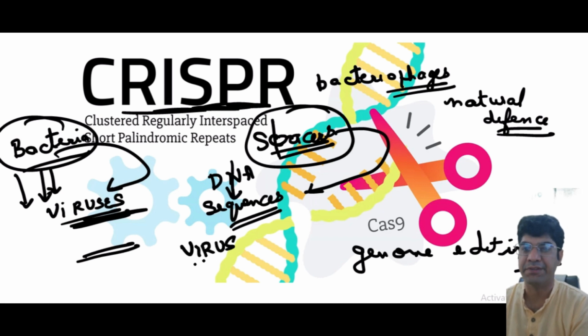This region is transcribed into a long RNA molecule. This RNA is cut into smaller pieces, known as crRNA.